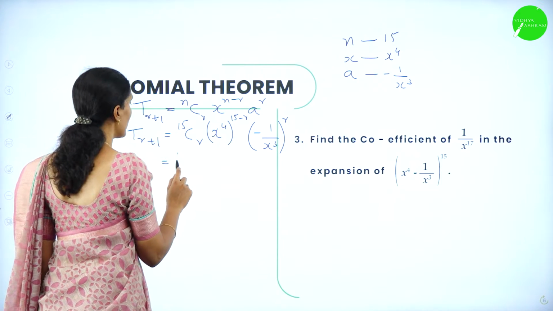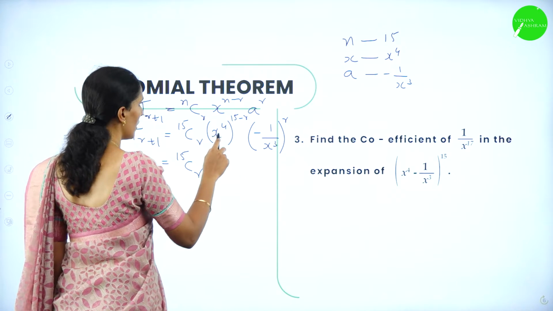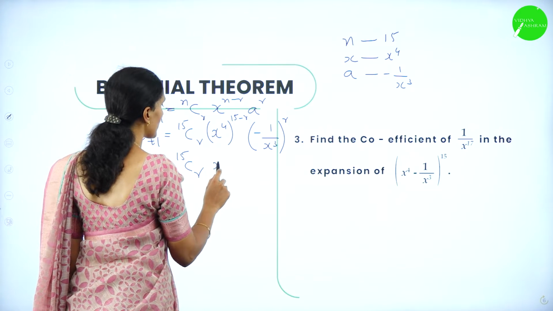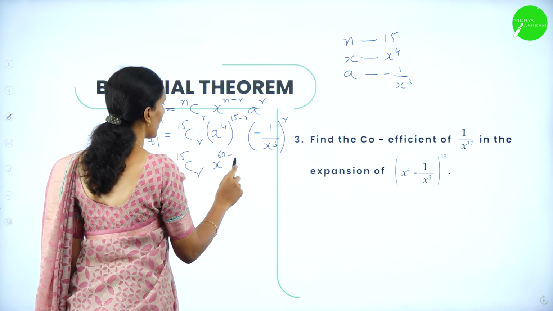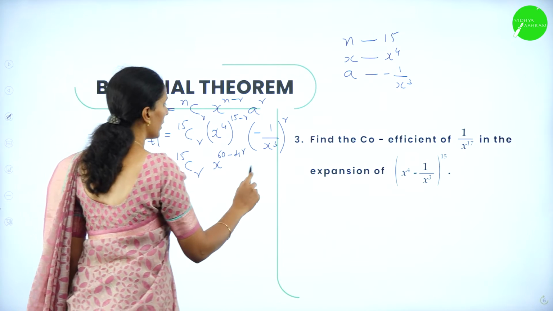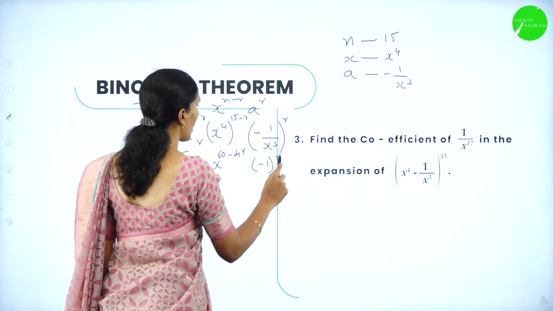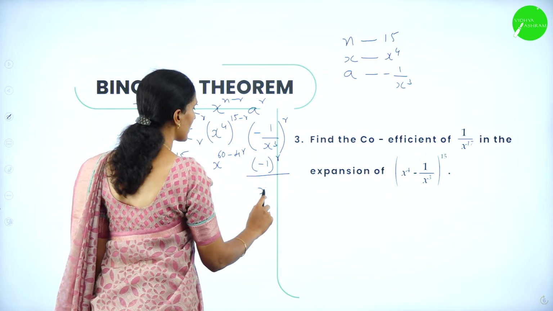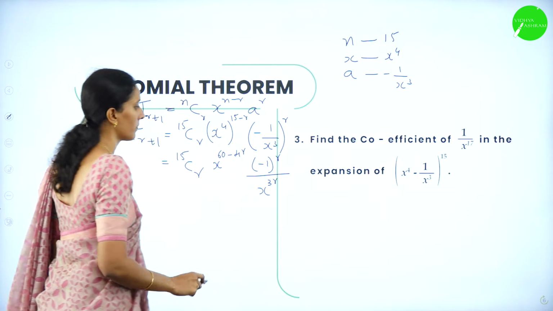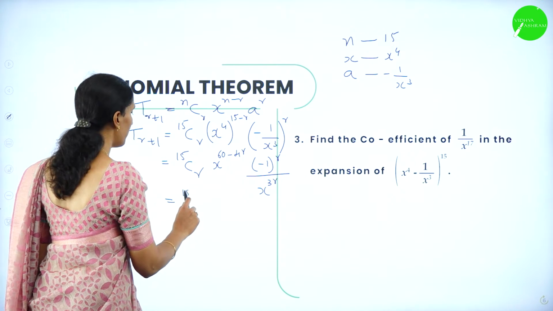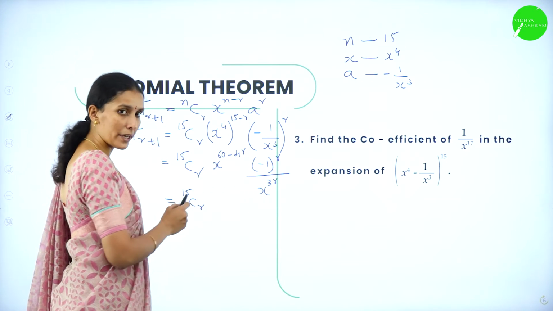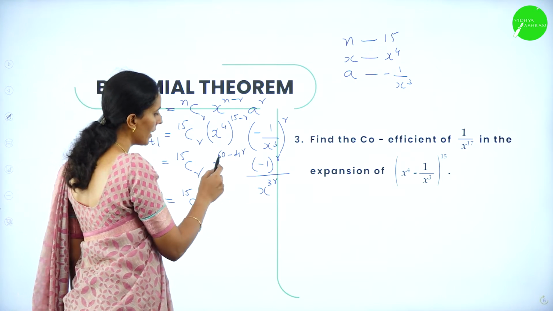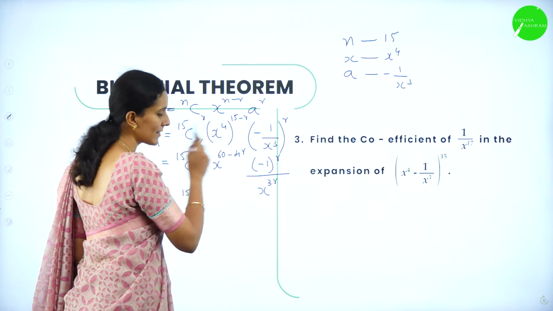So when you multiply this, 15 CR, you will get x power 15 times 4, which is 60 minus 4r. Here you have minus 1 whole power r divided by x power 3r. When you shift x to the power 3r to the numerator, it will be of the form 60 minus 4r minus 3r.